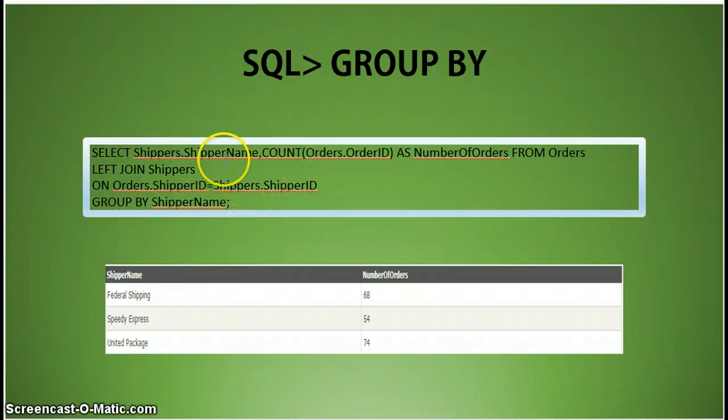It gets the shipper names from the shipper IDs, and then counts the total number of orders. As you see here, Federal Shipping, Speedy Express, and United Package. These are the total orders that they have.